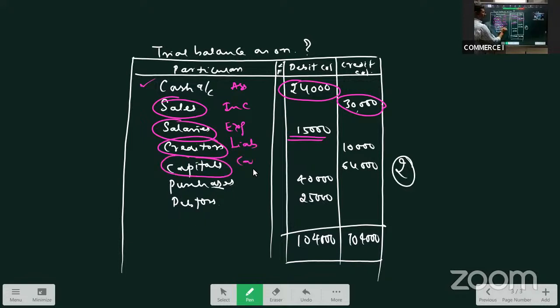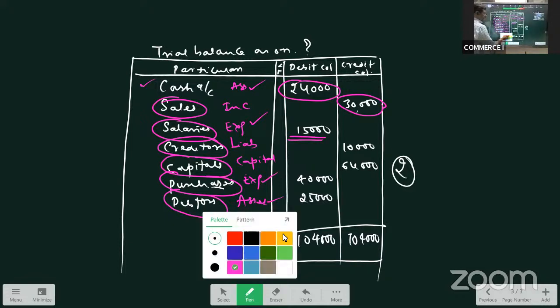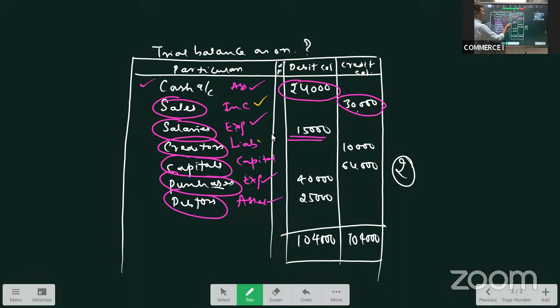Capital is owner's equity, placed in the credit column. Purchases are expenses. Debtors are again assets. So assets and expenses are placed in the debit column, and incomes, liabilities, and capital are placed in the credit column. So simple, no? That's it.